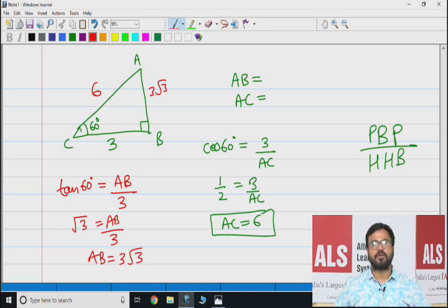So this type of question will be there in which one triangle or two triangles will be given to you. One of the angles and one of the sides of the right angle triangle will be given to you. And using that angle and one of the sides, you have to figure out the other two sides or one of the sides, whatever the question is asking. Right? I hope this question is clear.